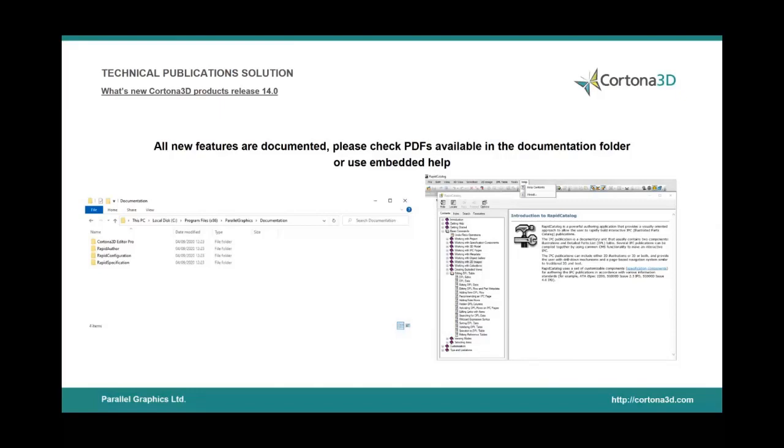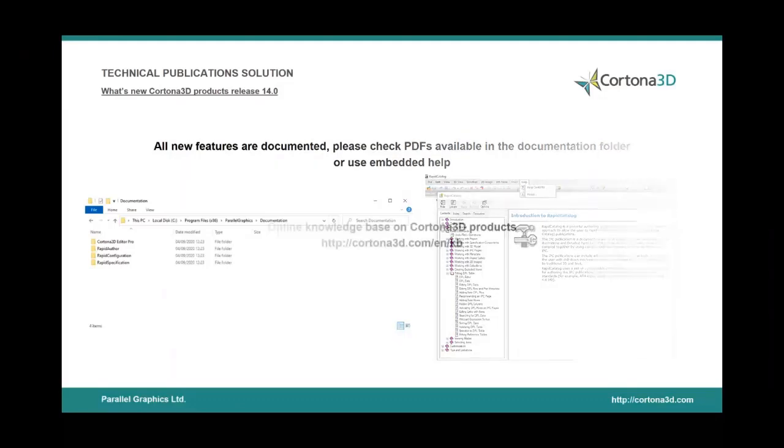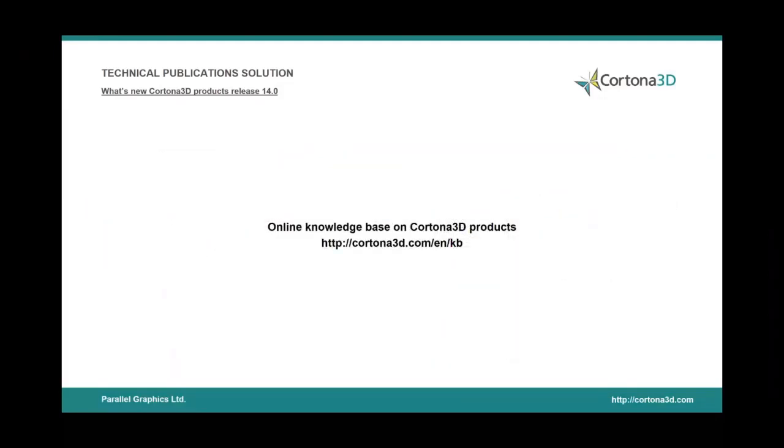Finally, all of the features are fully documented. You will find PDF documents as well as the embedded help in all of the RapidAuthor applications. We also have an online knowledge base on our products. I thank you for joining this webinar.